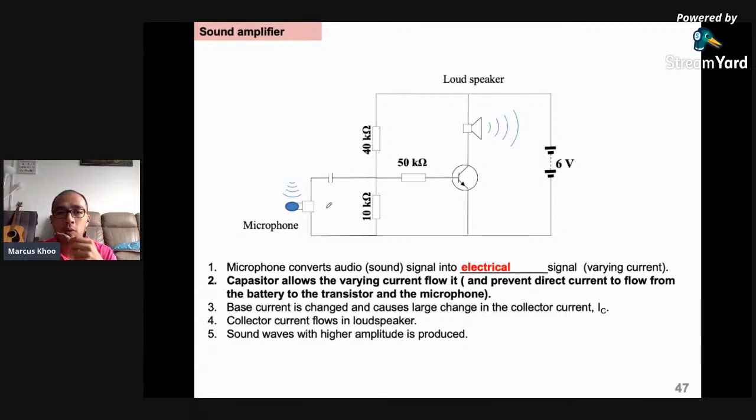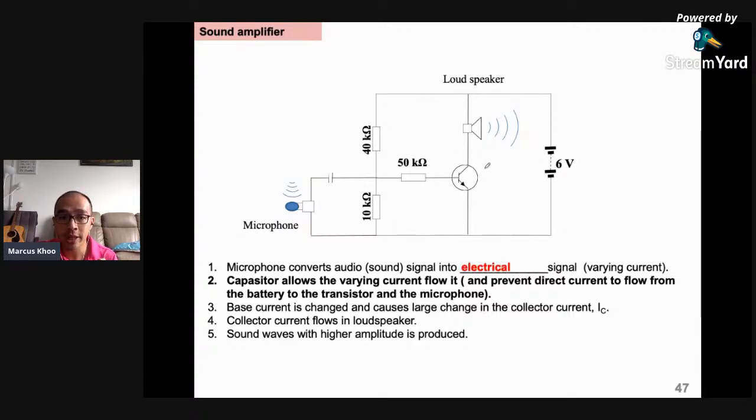Now, when you speak, the microphone's task is to change the sound signal into an electrical signal. The electrical signal flows through here. Then you find that the base current is changed, and because the base current here is always changing, the collector current is also always changing.